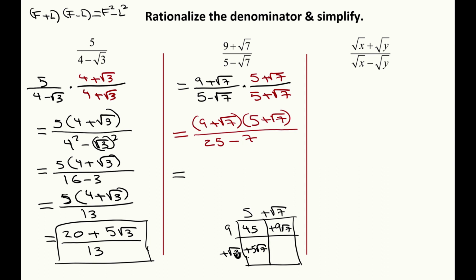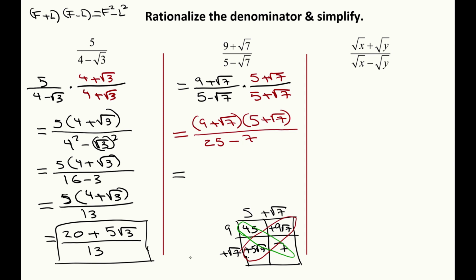And then these two multiply to give us just 7. And we notice that the nice thing about doing it using this table is that the like terms kind of line up like that nicely. So 45 and 7 are like terms. So we have two groups of like terms. One is here in the green and the other one in the red.